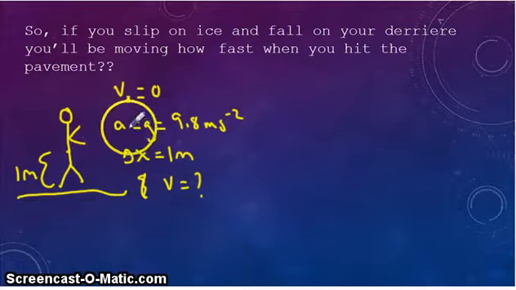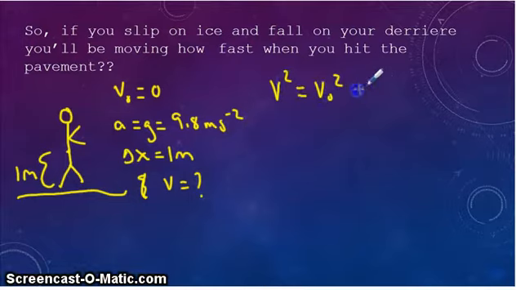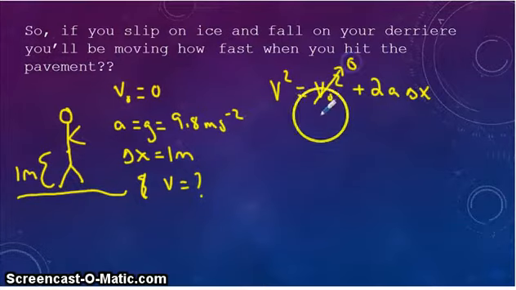So we have a v, we have an a, we have a v naught, and we have a displacement. So we don't have any time. So we use v squared equals v naught squared plus 2a times the change in position. The initial velocity is 0.